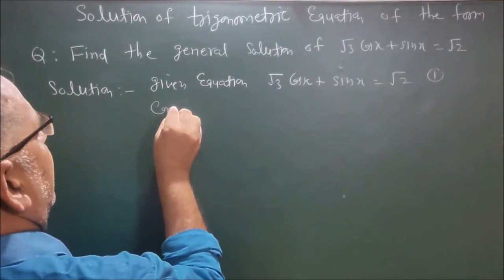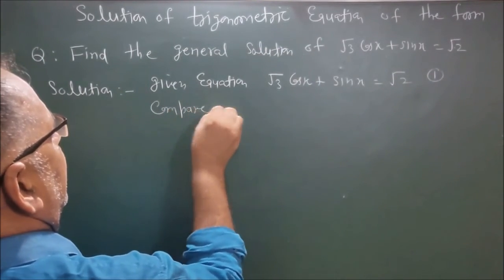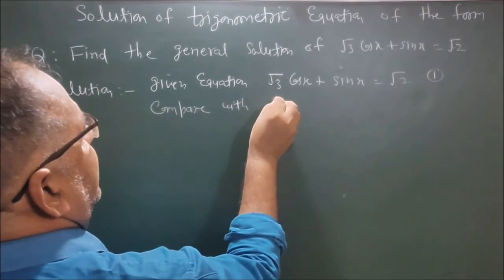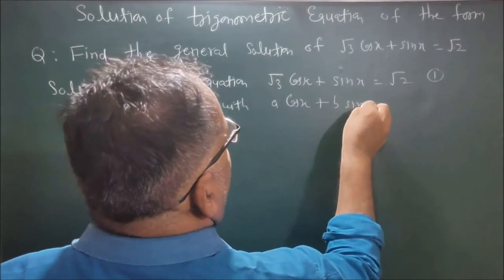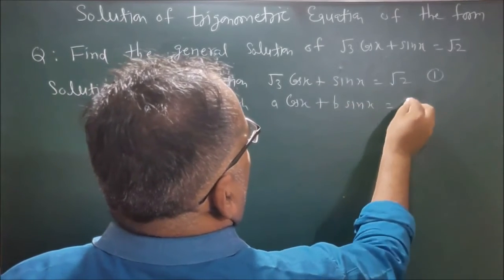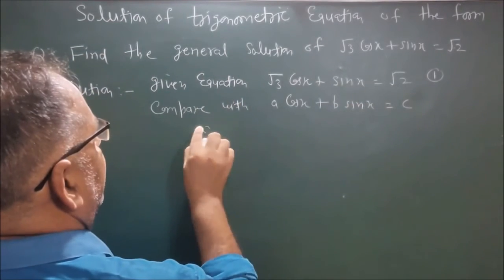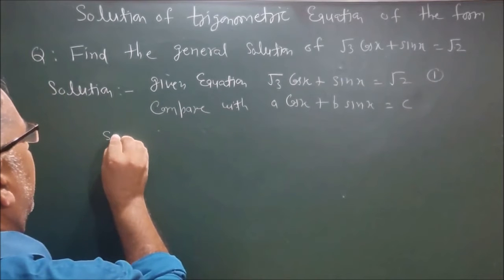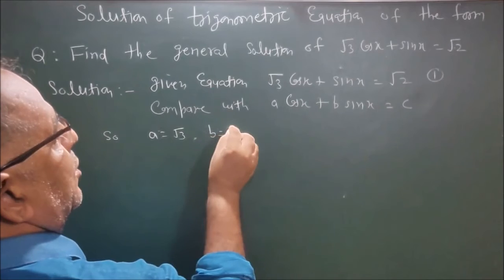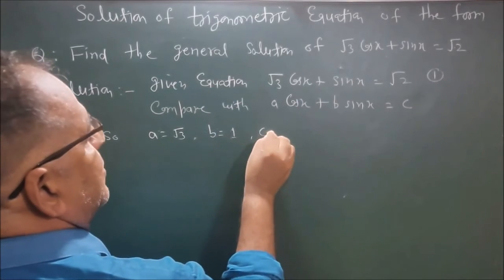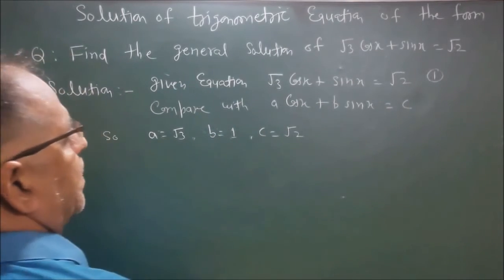Compare with the standard form a cos x plus b sin x equal to c. So here a equal to root 3, b equal to 1, and c equal to root 2.